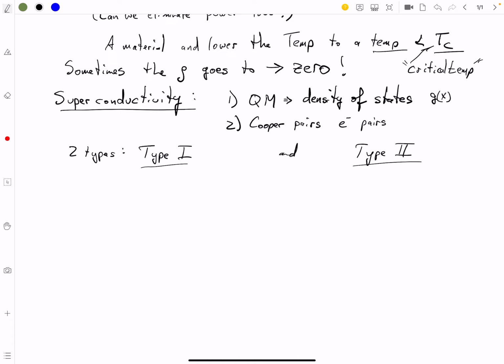If we've got zero resistivity, what are advantages that we can do for this? So let's talk about some advantages.